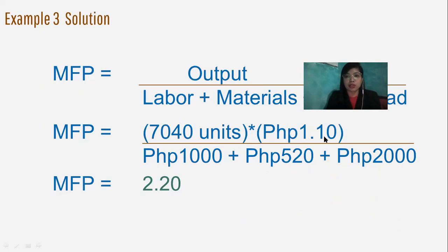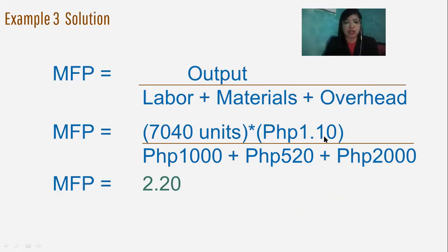For the computation, the output is over the labor plus materials plus the overhead. For the multi-factor productivity, we have 7,040 multiplied by 1.10, over the labor of 1,000, the materials of 520, and the overhead of 2,000.